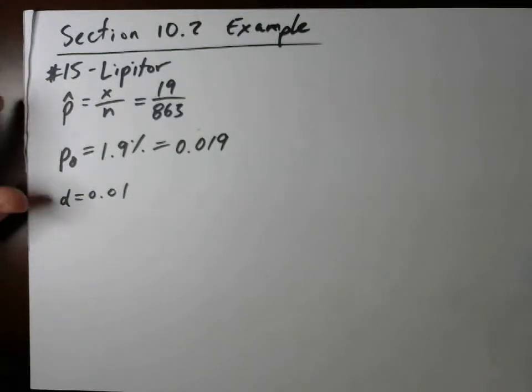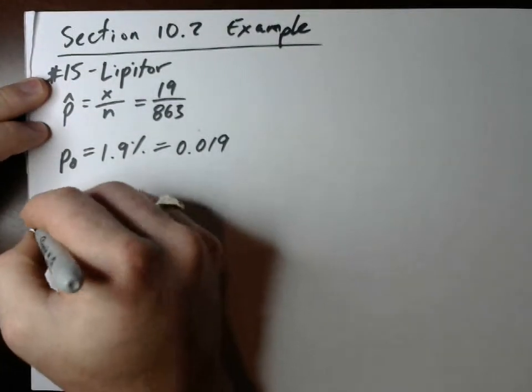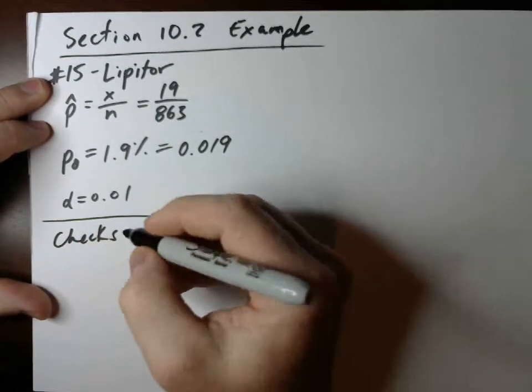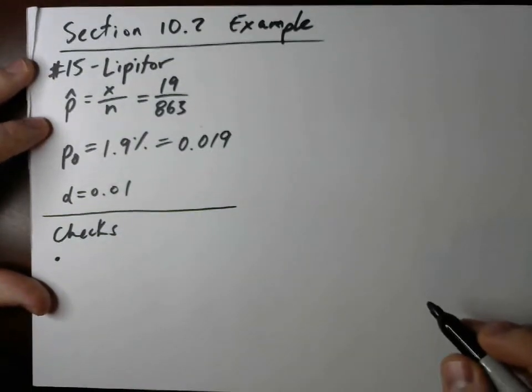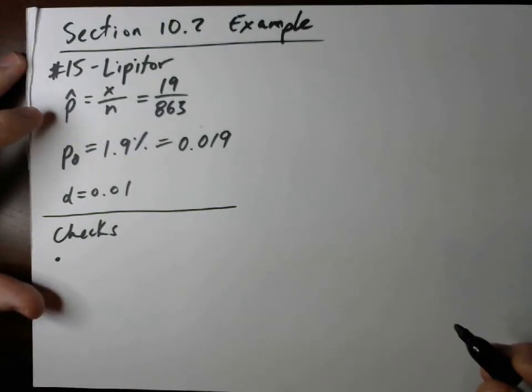So I'll just call these checks. So the first check says the sample is obtained by simple random sampling or the data result from a randomized experiment.